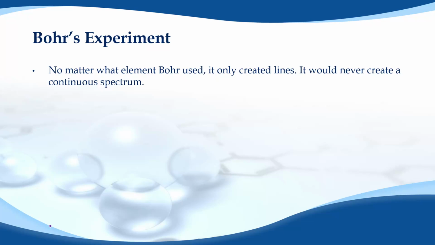Now, the reason why this happens is because atoms have to have energy states that are specific to that atom. That's the only way that each atom can create its own set of lines. In order to explain how this works, you need to think about energy states.